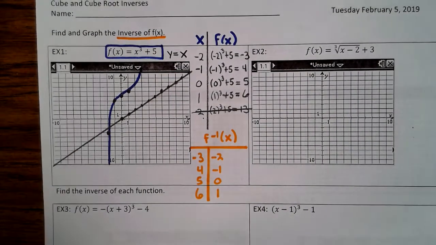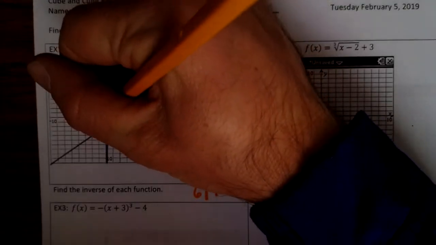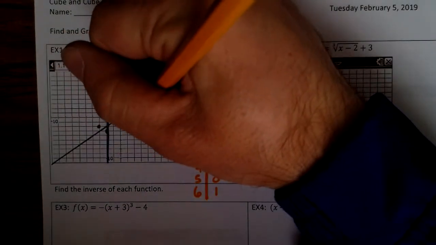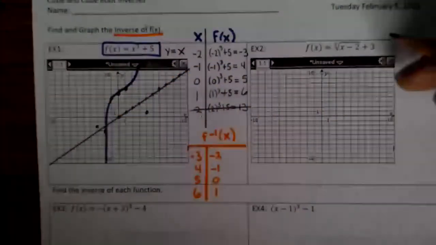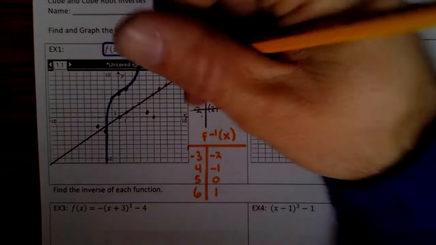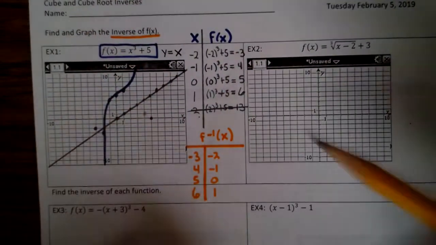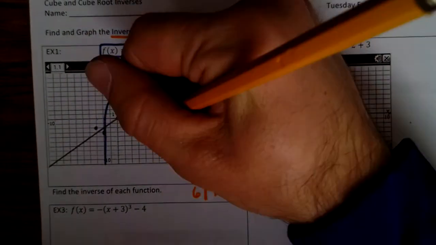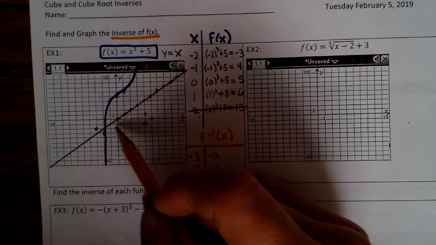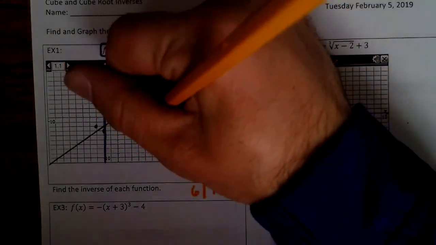So that's -3, -2, then -1, 4, 1, 2, 3, 4, -1, 5, 0. Oop. Let me take a step back. I put 4 +1. It should be 4 -1. Okay, and I knew I made a mistake because I knew it was going to curve this way. Be careful when you graph your points. Okay. All right, and then 5, 0, 6, 1.